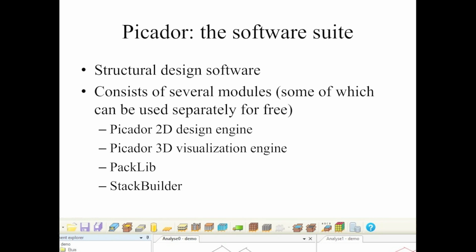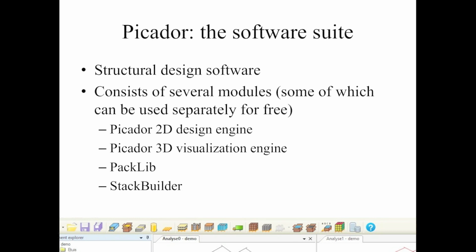It consists of a number of different modules. The main module there is the Picador 2D design engine. This is the tool that you really will use to design stuff with. Then there is a 3D visualization engine that you can use to take that 2D design that you've created and understand how that would work from a 3D point of view.